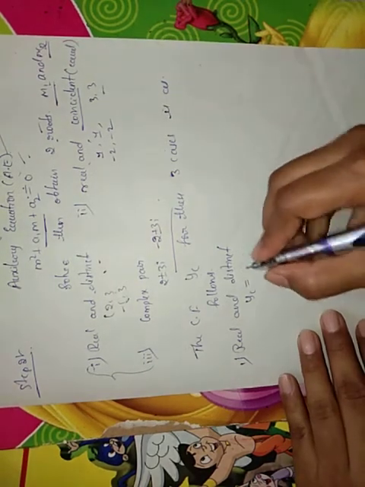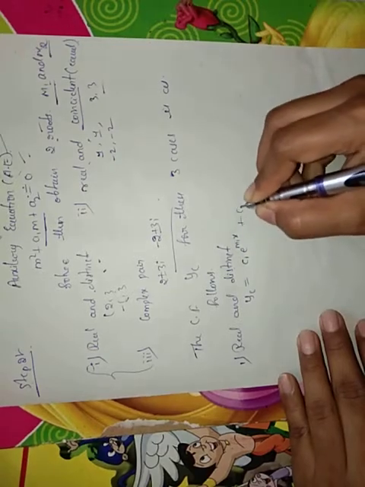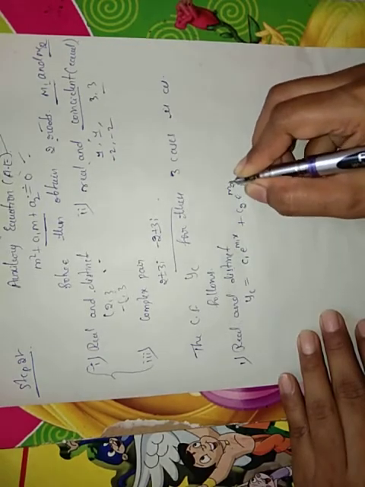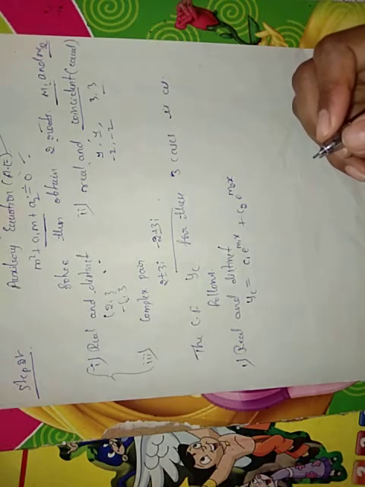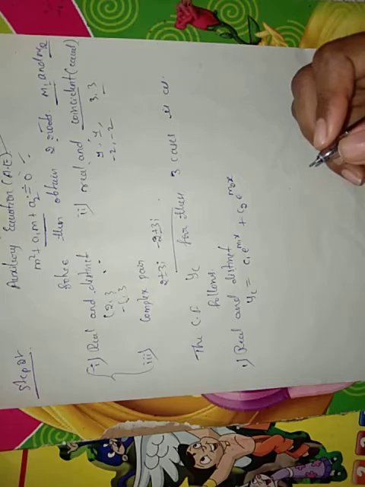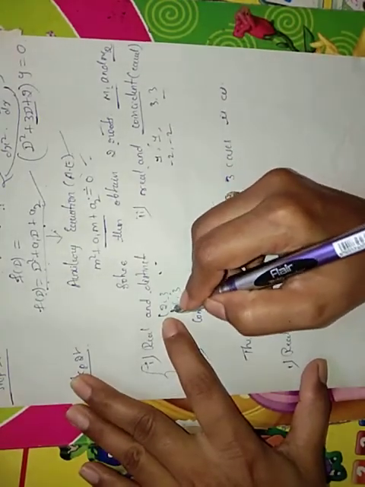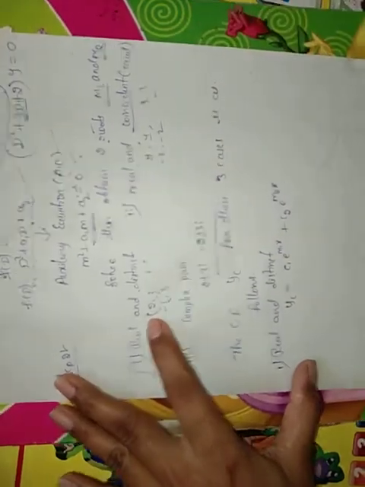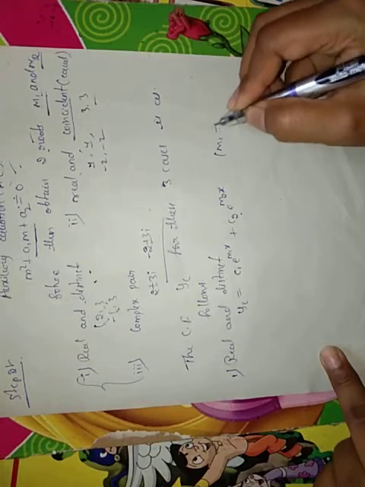Then your complementary function is equal to c1 e raised to m1x plus c2 e raised to m2x. The roots must be real and distinct. Distinct means the roots should not be the same. Two different values have to be obtained for m, like here 2 and 3. Both are different, so both roots are distinct. Then you use this formula where m1 and m2 are not equal.